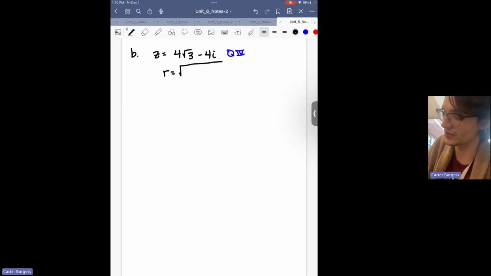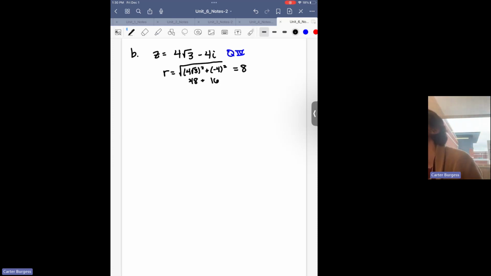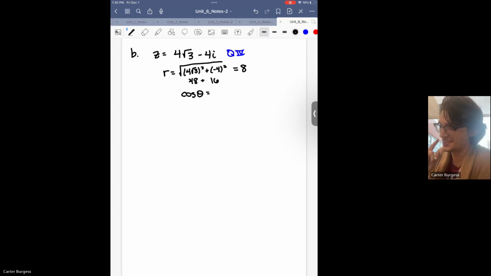I got the square root of 64, so this is 4 root 3 squared plus -4 squared, which is the square root of 48 plus 16. I agree that this is most definitely 8. What is cosine of theta going to be equal to?